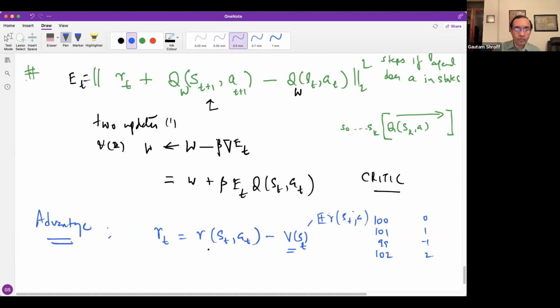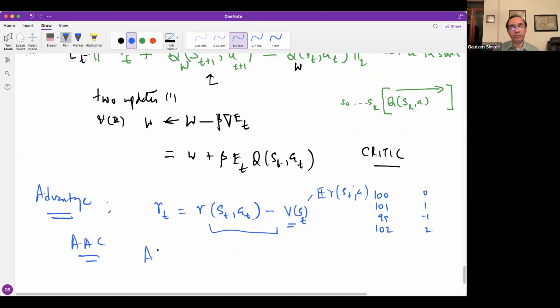And now you're only left with the difference. So it will not change the algorithm in any way, because you're just subtracting a constant value for every state, right? Because you only worry about how much better or worse one action is compared to the other. So this also speeds up the training a lot. So that's called AAC, Advantage Actor Critic, also sometimes called A2C.